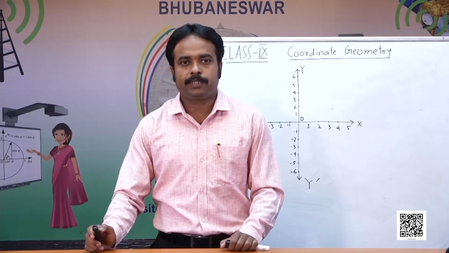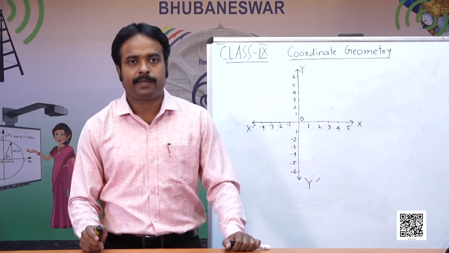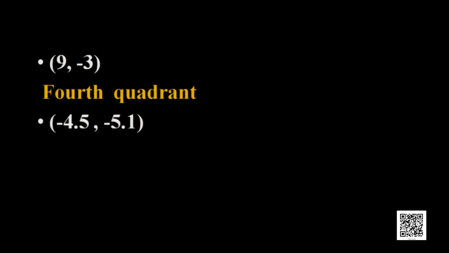9, -3. In which quadrant does this point exist? Obviously, you may say that the x component is positive and the y component is negative, therefore it is the fourth quadrant. Similarly, -4.5 and -5.1. This is the fourth quadrant.